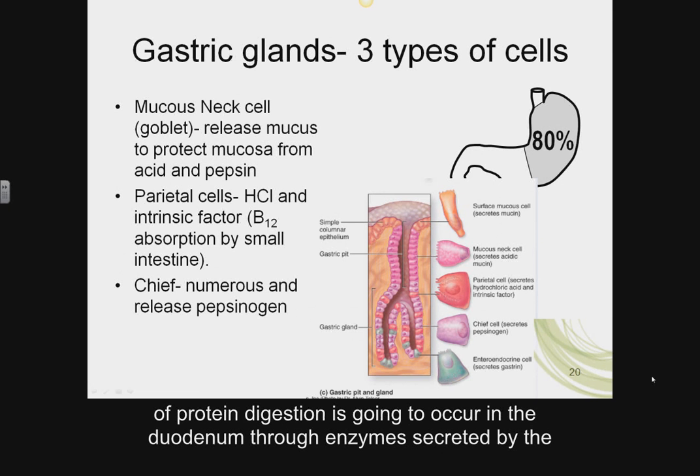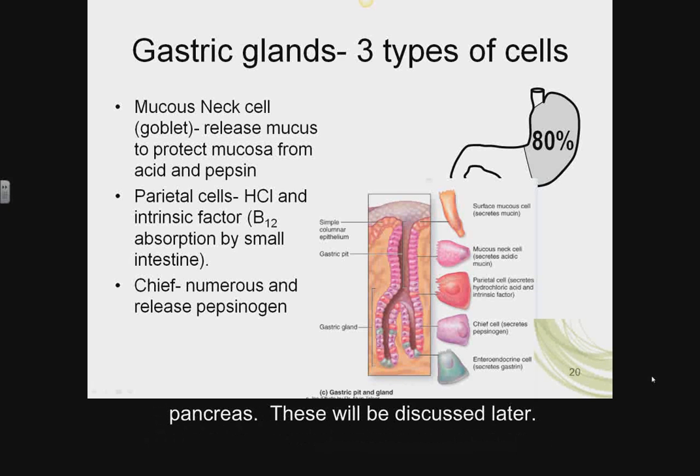Pepsin will lose its optimal activity at pHs above 5. Pepsin only initiates protein digestion, usually providing only 10 to 20% of total protein digestion. The majority of protein digestion is going to occur in the duodenum through enzymes secreted by the pancreas. These will be discussed later.